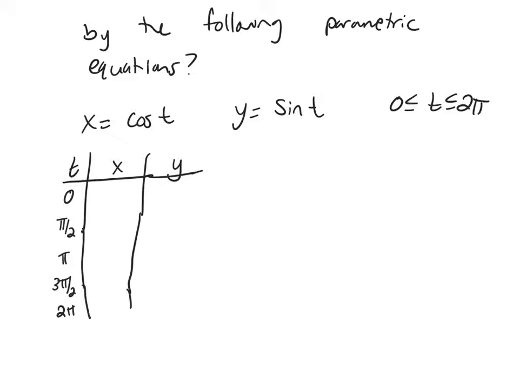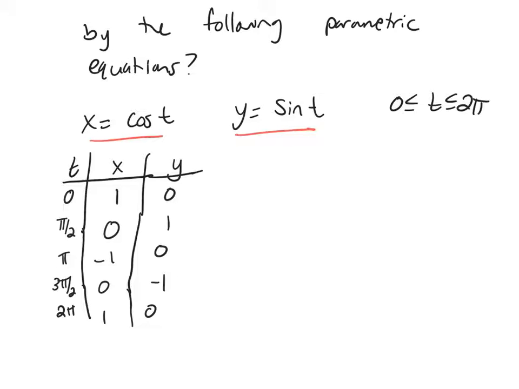And you're going to plug these into your equations for x and y. And when you do, you'll get cosine 1, 0, 0, 1, negative 1, 0, 0, negative 1, 1, 0.